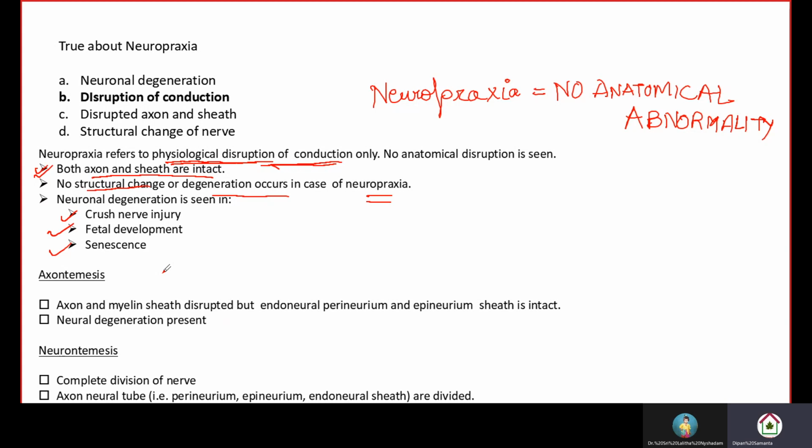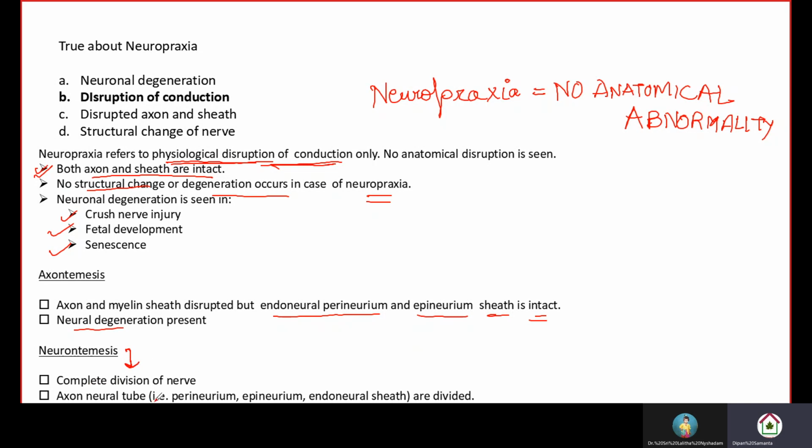And axonotmesis means axon and myelin sheath are disrupted, but endoneurium, perineurium and epineurium sheath are intact. Neural degeneration is present in axonotmesis. And neurotmesis is complete division of the nerve. The term refers to complete division of the nerve.